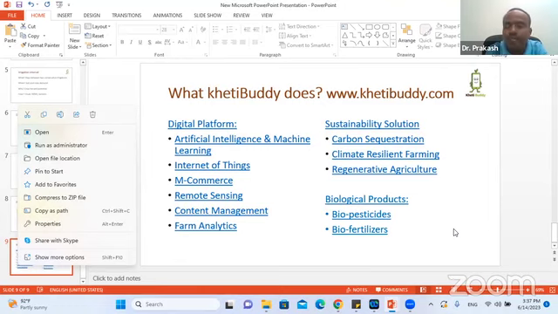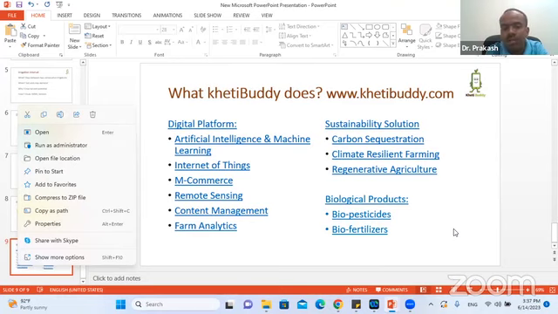So in content management, we are focusing on integrated nutrient management, integrated pest management, integrated disease management, proper irrigation scheduling, and good agriculture practices for developing the biodiversity of the plant. Such content management we are providing as per the requirement of the input industries as well as the NGOs. We are working with them.